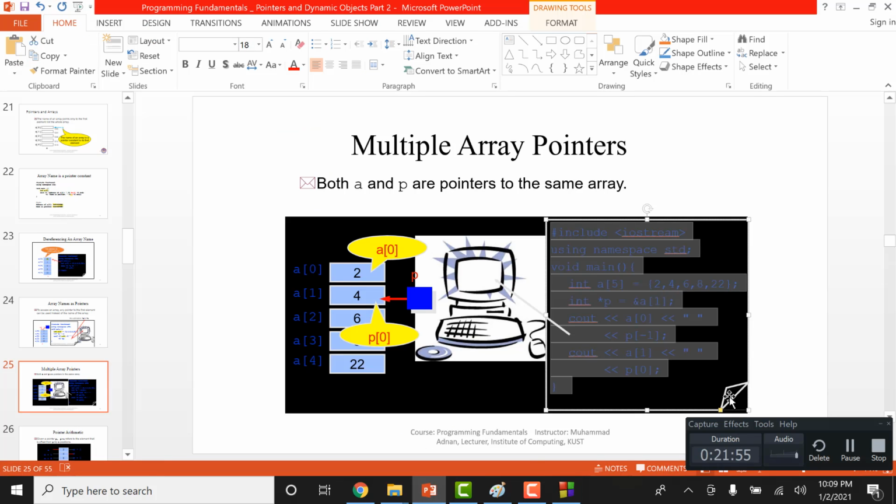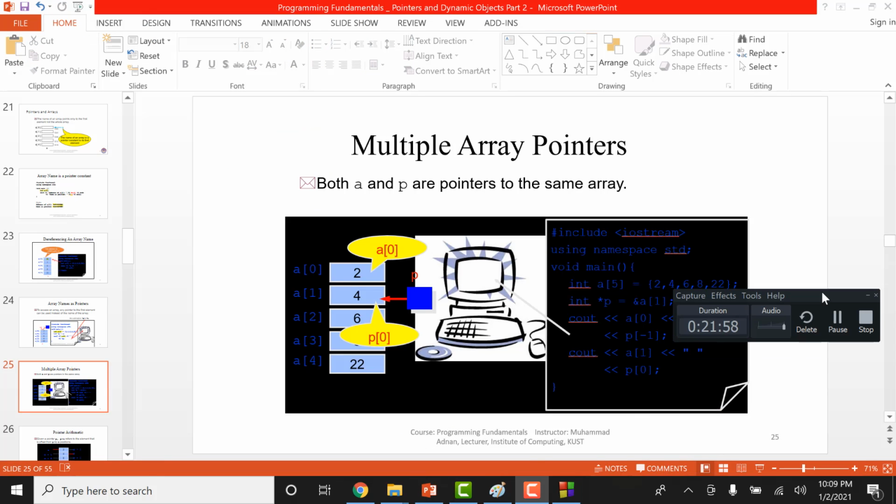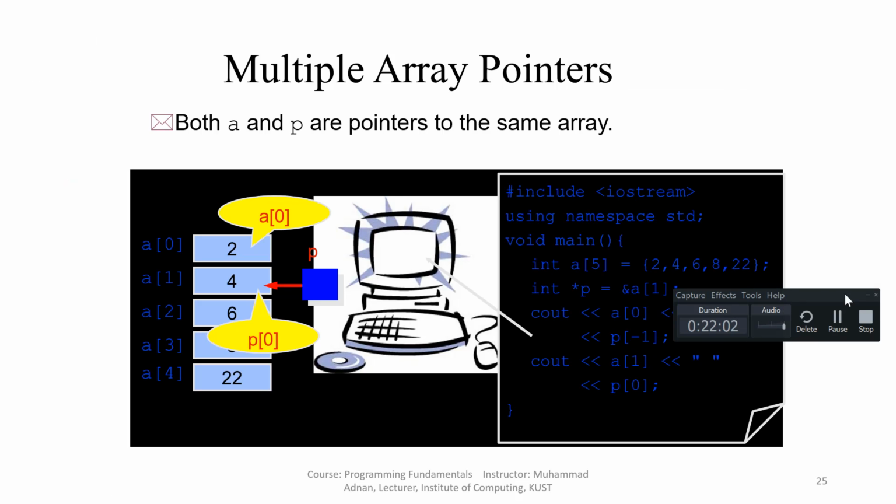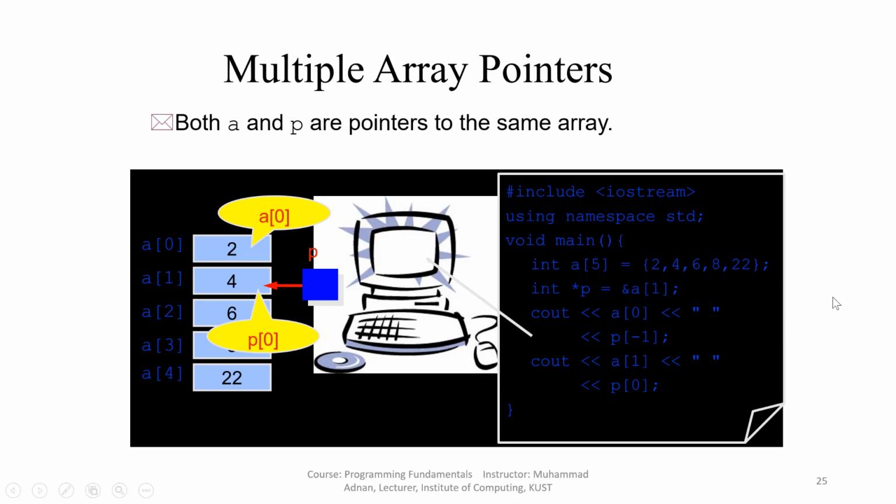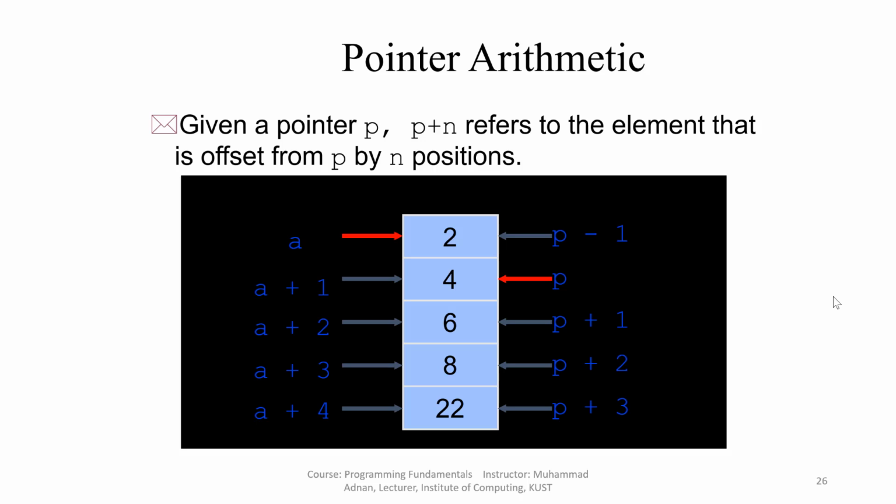Okay, let me go back to the slides. So given a pointer, p plus n refers to the element that is offset from p by n positions.